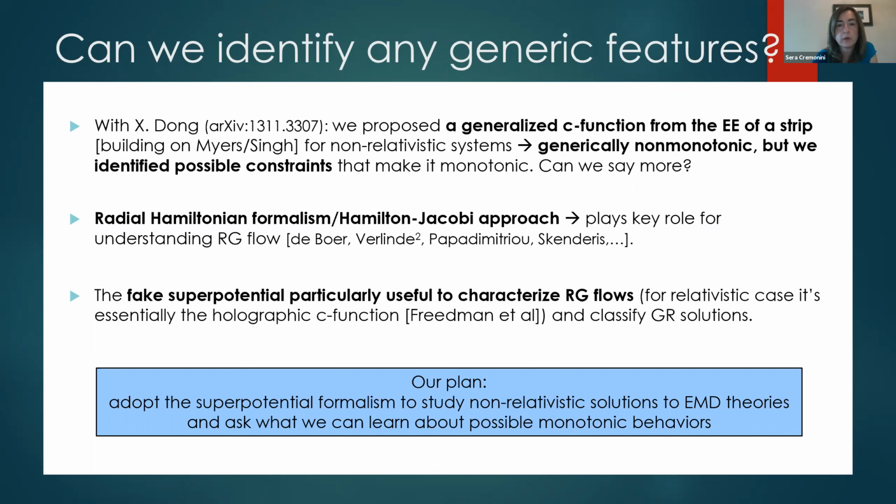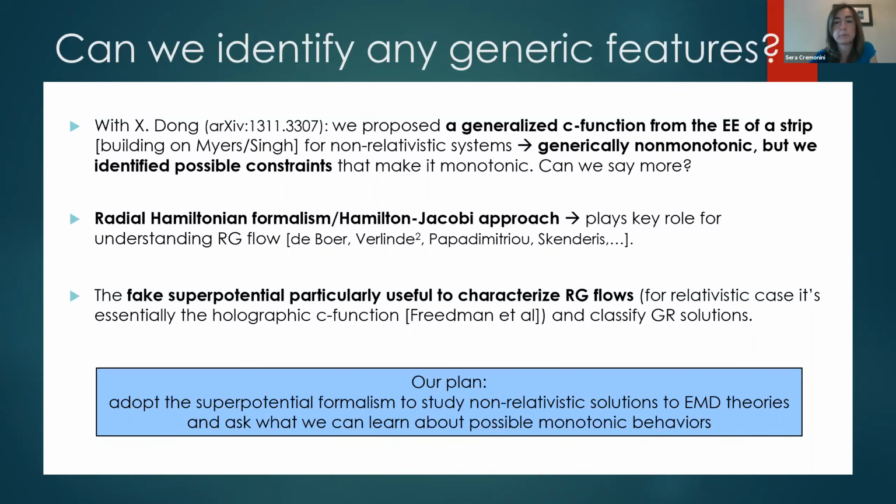So going back in time, there's also been a huge amount of work on RG flow that relies heavily on the radial Hamiltonian formalism or Hamilton-Jacobi approach. This has been extremely useful to understand RG flow. And one quantity that is special in this framework, or at least valuable, is the so-called fake superpotential.